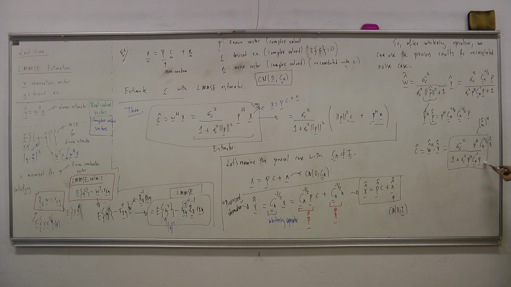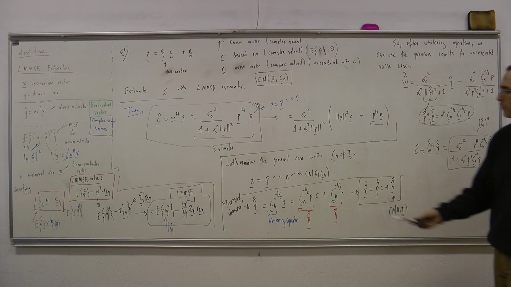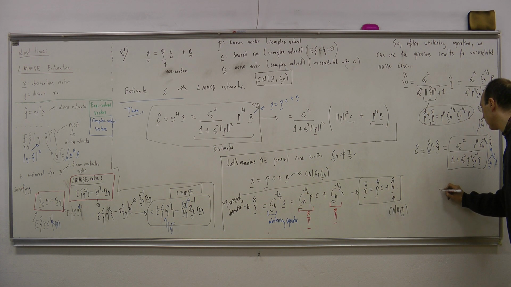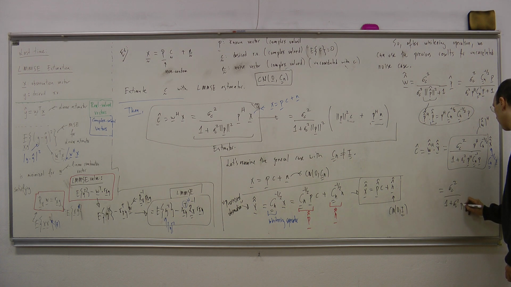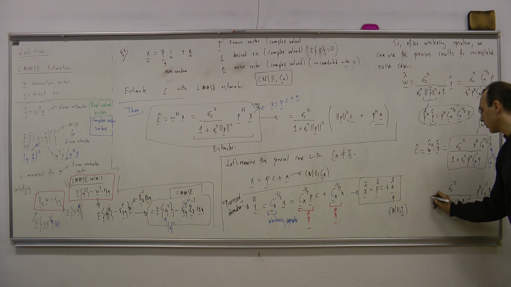So as you see, I have over here, and if I write this one also, Cn minus 1/2 X whitening, then I get my final result. So this is my final estimate.